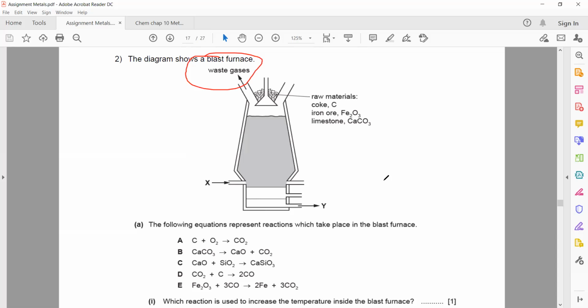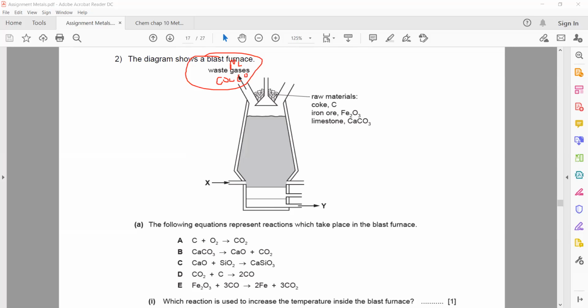Carbon monoxide, yes. Oxygen generally reacted because it's an active component of air. Carbon monoxide is acceptable. Nitrogen, because air contains nitrogen as well. Carbon monoxide, carbon dioxide, or nitrogen you can mention.